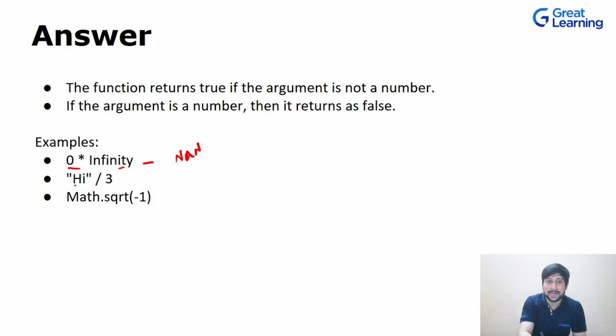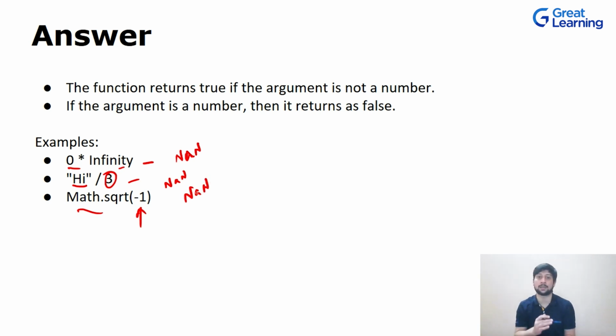When you try to divide a string with a number, again this will return true, and this is a not a number situation. When you're trying to find the square root of -1, again this is a not a number situation. If the argument is a number, then it returns false. Since the argument is basically not a number, it will return true.